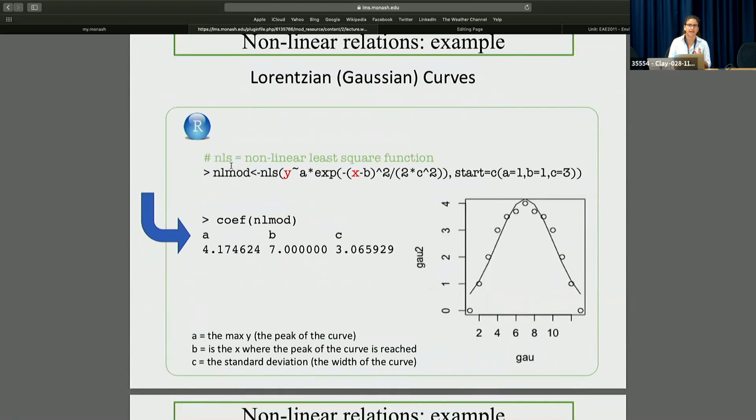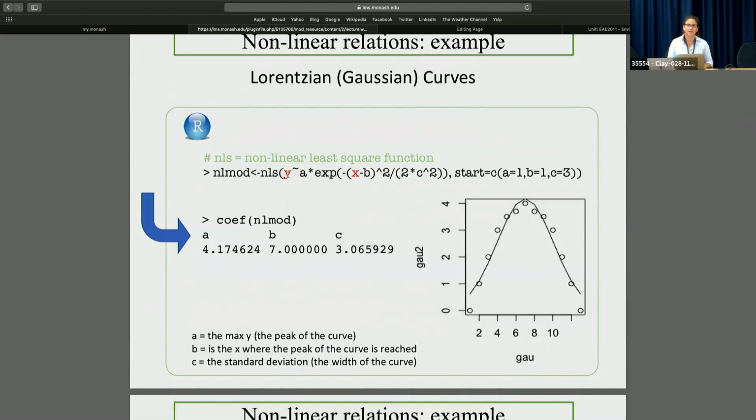This is just the name of my model. And it is an nls. Remember we had lm, linear model, for the linear regression. Now we're using a nonlinear least squares function. We're still trying to minimize those squared errors.